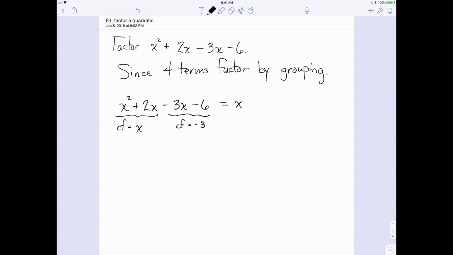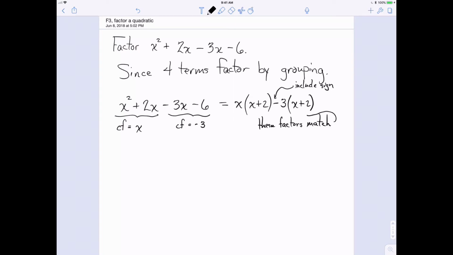The common factor in the first group is x, so it leaves me an x plus 2. Then I'm factoring out a negative 3. Remember to include the sign. And then I have left an x plus 2. And we know that this worked because these factors match.